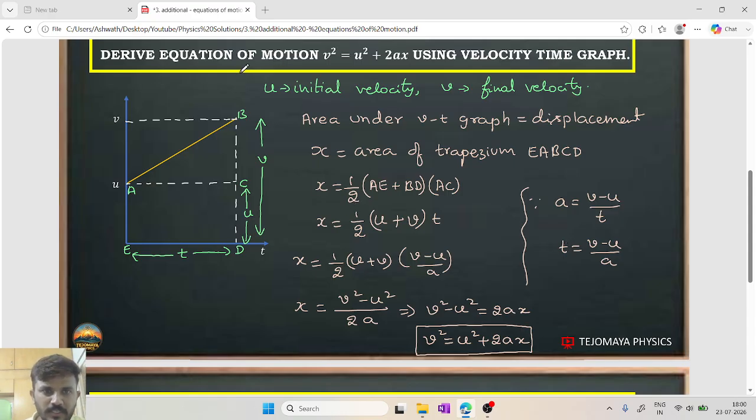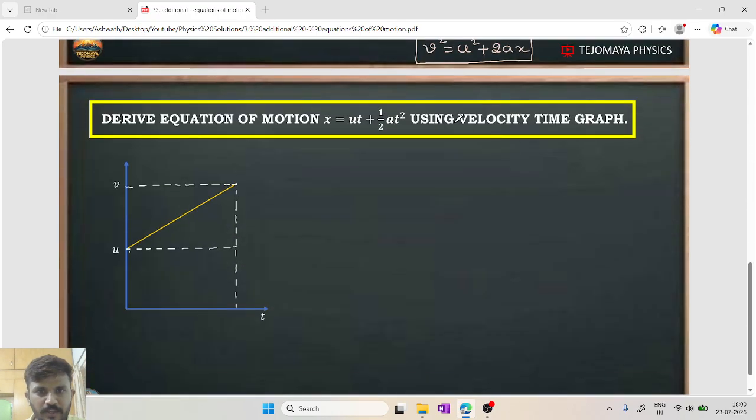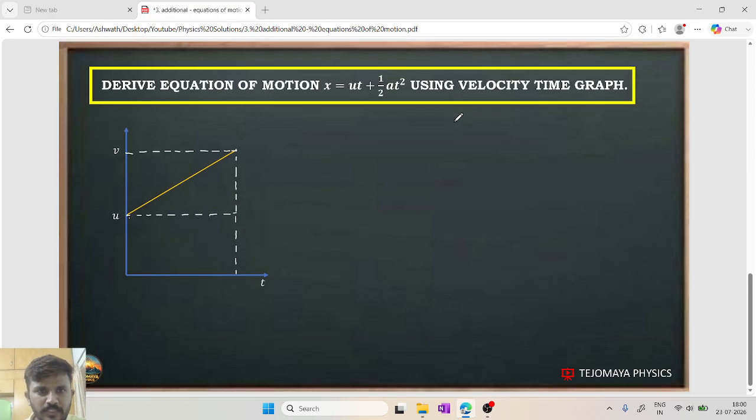That is the equation of motion V square is equal to U square plus 2AX using velocity versus time graph. You can add some theory for this if you want. Then the last one we have is x is equal to ut plus half at square using velocity time graph.